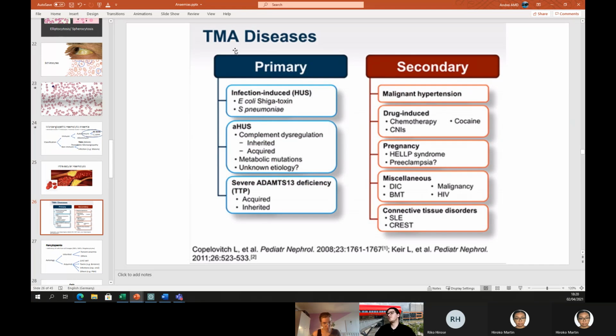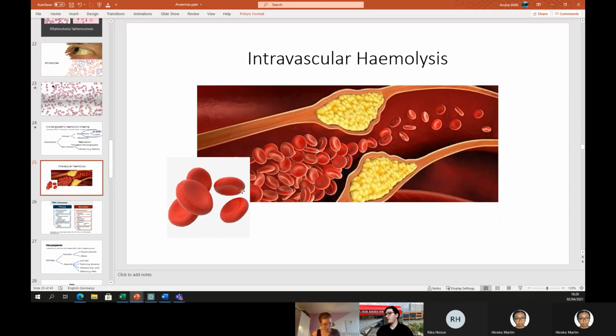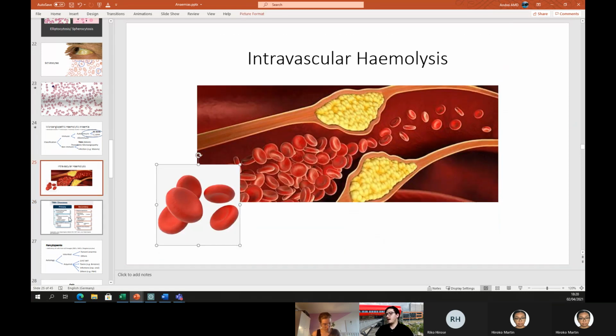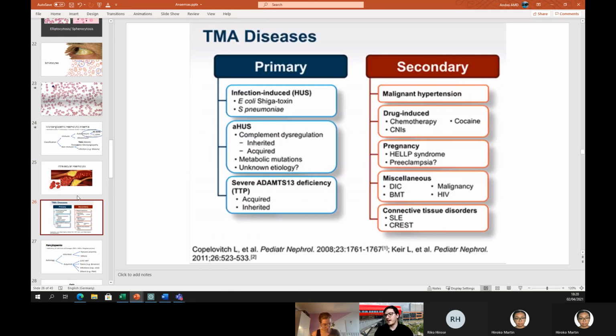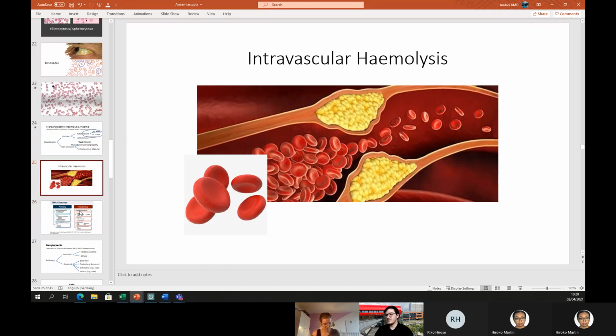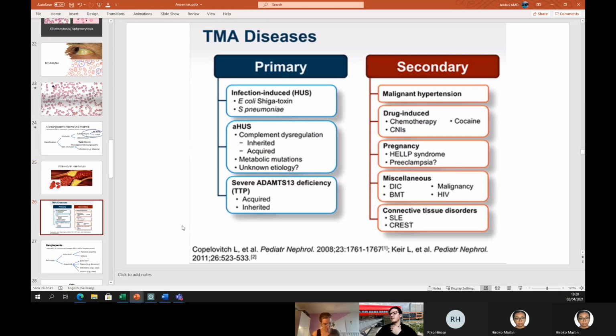Another type of thrombotic microangiopathy, you have it in the name, thrombotic, as in you have a clot formation here, and then the red blood cells as they pass by, sorry, I really use this slide a lot, but as they pass by, they get destroyed. So you have it in the name, thrombotic microangiopathy. If you remember the other one, microangiopathic hemolytic anemia, you also know where it happens.